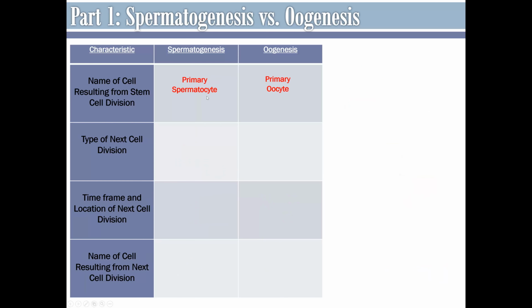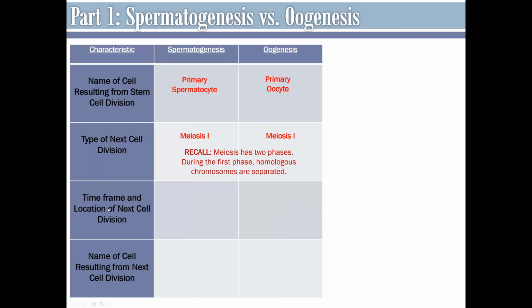Now we're going to carry on from where we just got our primary spermatocyte and primary oocyte. The type of the next cell division is going to be meiosis 1. Both sides, spermatogenesis and oogenesis, are now going to head into meiosis. Recall that meiosis has 2 phases, meiosis 1 and meiosis 2, and during the first phase, homologous chromosomes are separated.